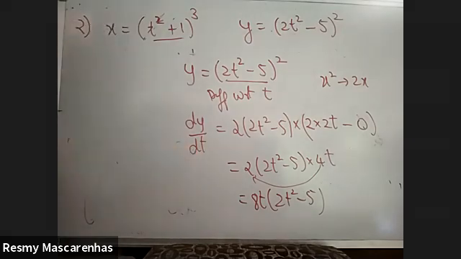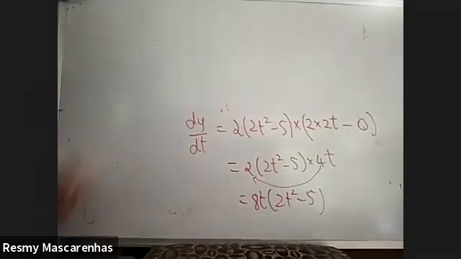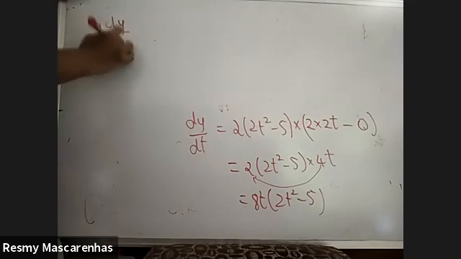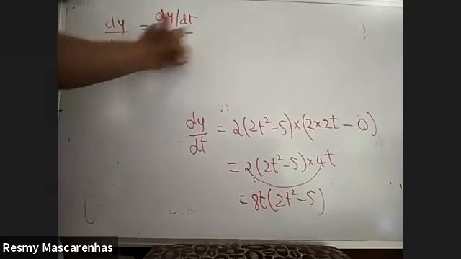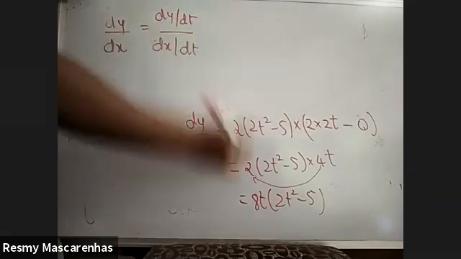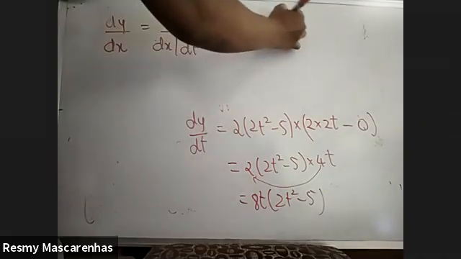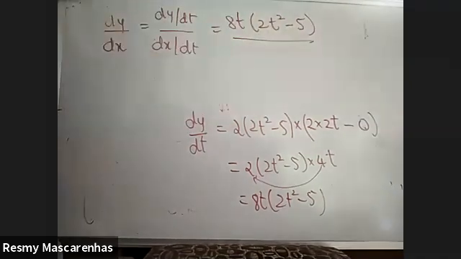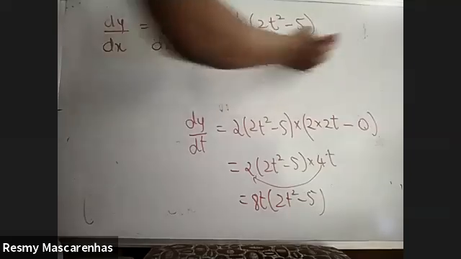So this was dy by dt. Now the final substitution. dy by dx will be the second answer, dy upon dt, upon the first answer. So the second answer is 8t(2t square minus 5) upon the first answer, dx upon dt, which was 6t(t square plus 1) the whole square.